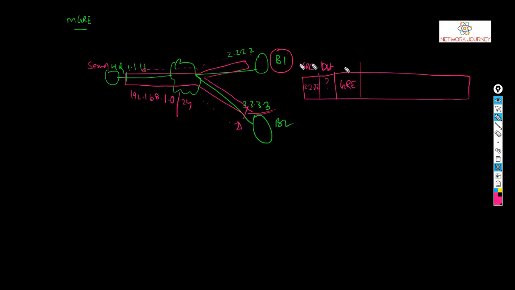What about the private segment? Let's say this is 1.2, 1.3 and this is 1.1. The source is originating from 192.168.1.2, and the destination is the tunnel IP, which is 192.168.1.3. And then the data.